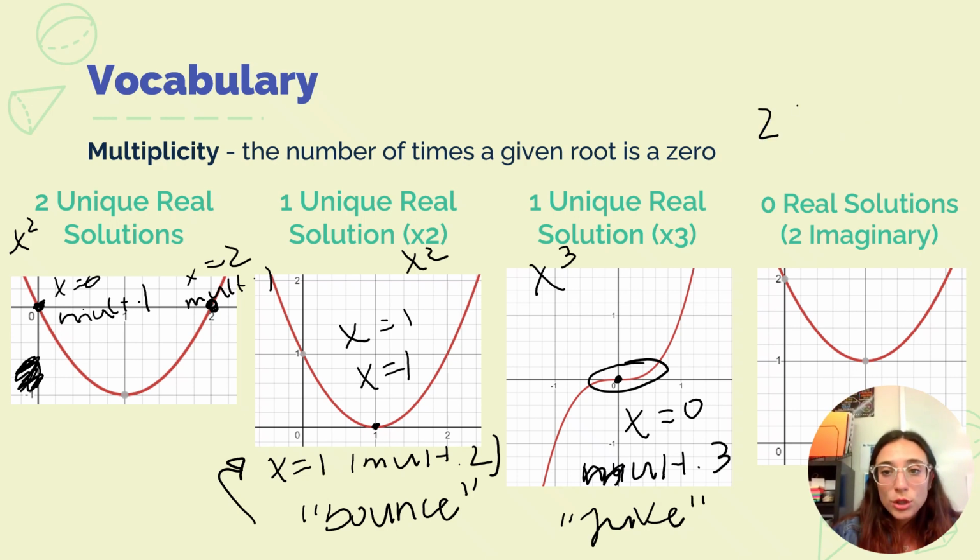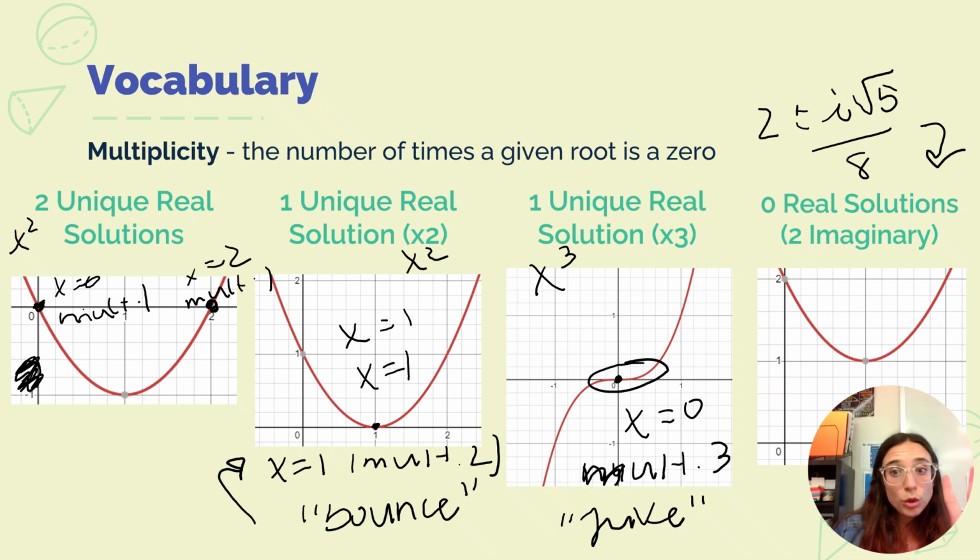So I'd get something like 2 plus or minus i root 5 over 8. That's an example of what I could get with something like that. So 2 still, because it's still a quadratic, so I have to have 2 answers. That's why it's plus or minus in our formula.